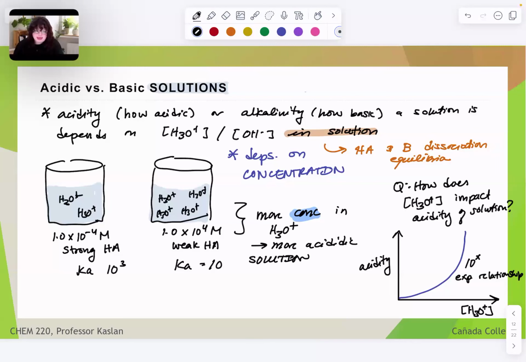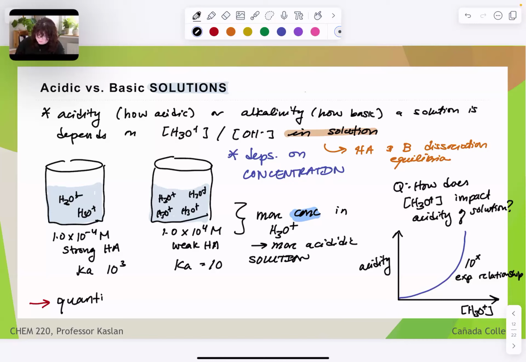So we have now created for ourselves a means of quantifying, or getting a number that is associated with, the acidity or the basicity of a solution.